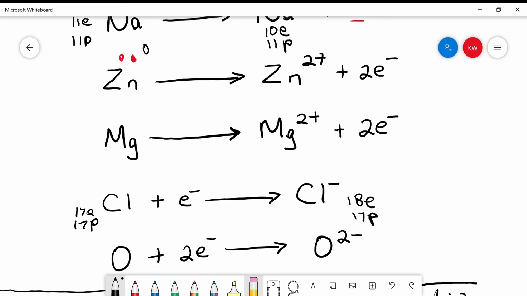So we have an overall charge of -1. Here we're going from 0 to -1. There's a reduction in the oxidation number. From 0 to -1 is a reduction in oxidation number. So this is an example of a reduction reaction.